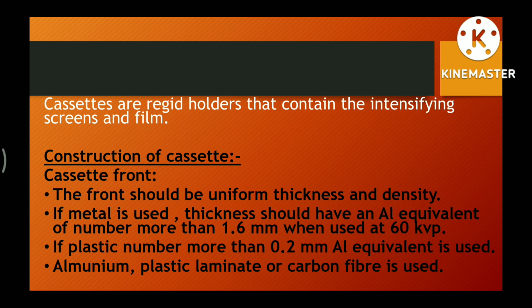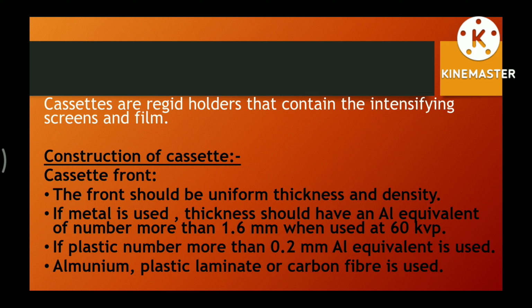The second point says that if metal is used, the thickness should have an aluminum equivalent of not more than 1.6 mm when used at 60 kVp. This means if the front portion of the cassette is made of metal, it should have an aluminum equivalent of not more than 1.6 mm at 60 kVp. kVp is the kilovolt peak, meaning the maximum voltage used by the X-ray tube to produce X-rays.